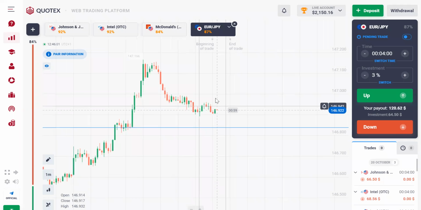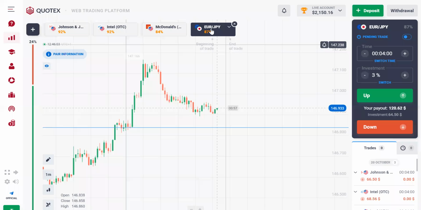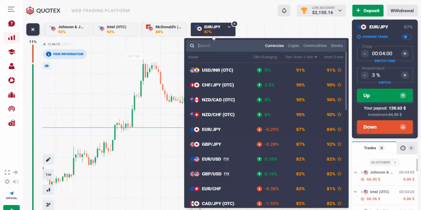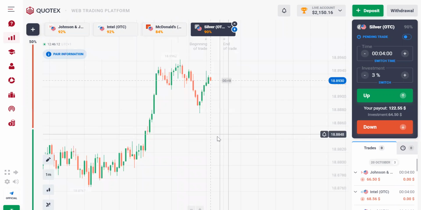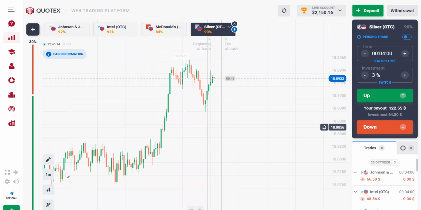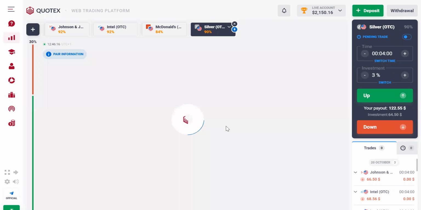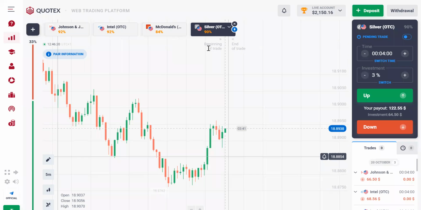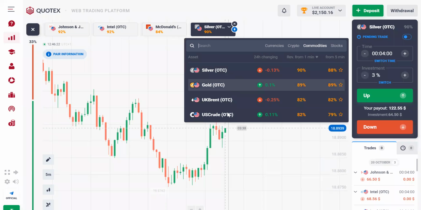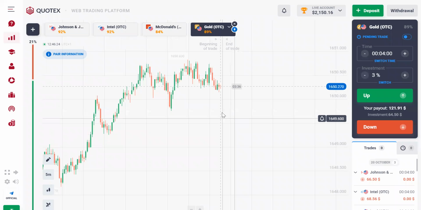All these markets are consolidating and not clear enough. So there are a lot of markets here, but your job is just to pick the good one. To pick the good one, you're going to get good trades. So that's what I'm going to do now. I'm just going to try and select a very good market, and then we're going to take a trade.